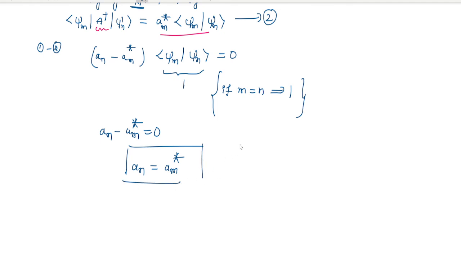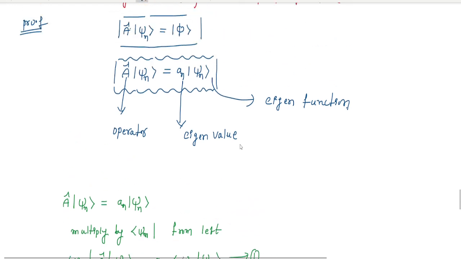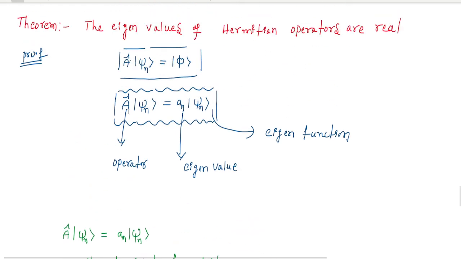So we already discussed initially: if you apply any operator on a function and it gives the same wave function multiplied by some constant value, this type of transformation equation, in quantum mechanics, we call an eigenvalue equation.